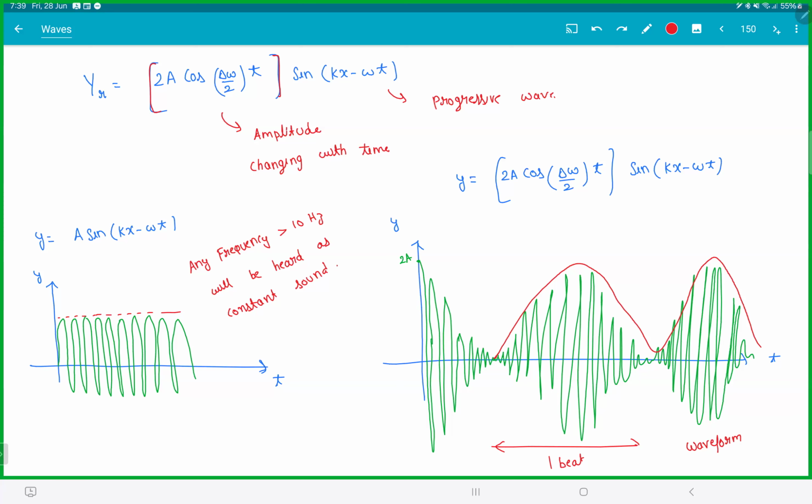Oh man, this is not letting me generate the multi-tone generator. Let's see, in the meantime, let me show you something else.